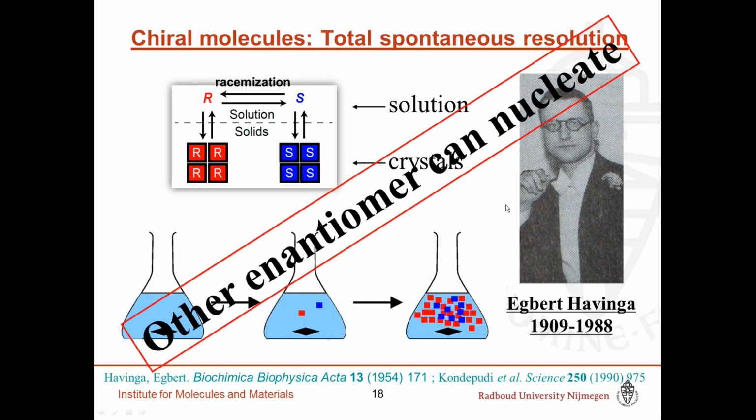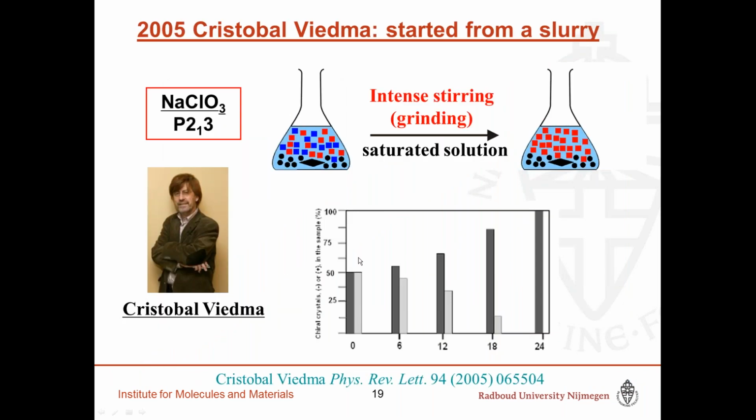But still, also in this case, the other enantiomer can nucleate, and then you still would not end up with an enantiopure solid.